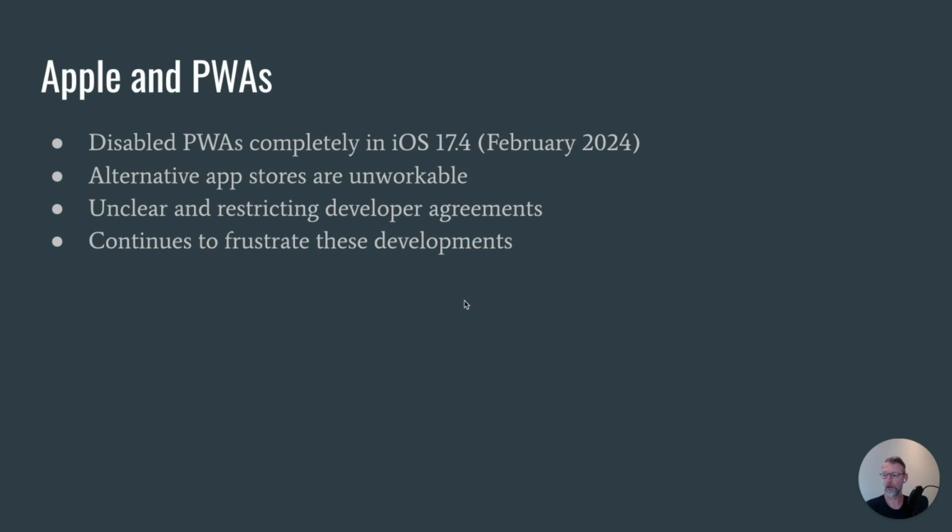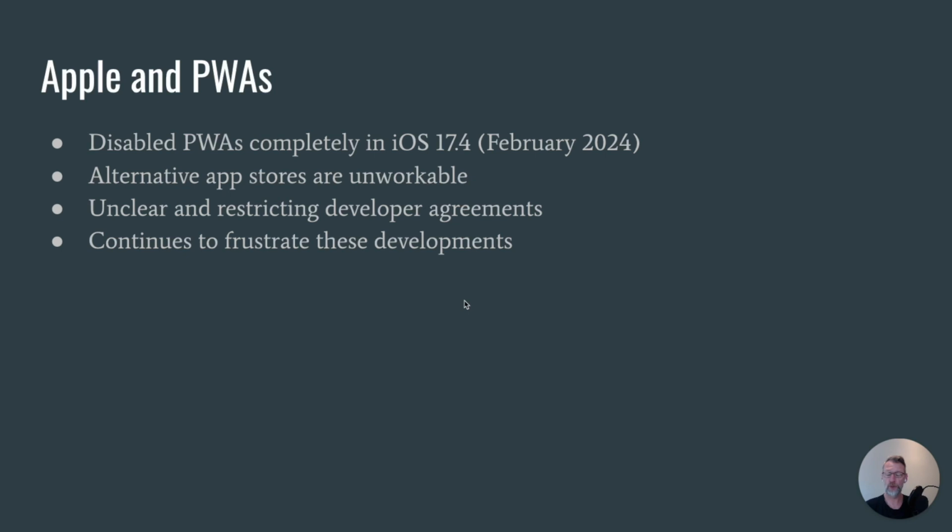So Apple really makes it as difficult as possible for other developers to provide alternative app stores. On top of that, they need to sign developer agreements that are very unclear and very restricting. So a lot of developers are quite reluctant now to even try to implement an alternative app store.